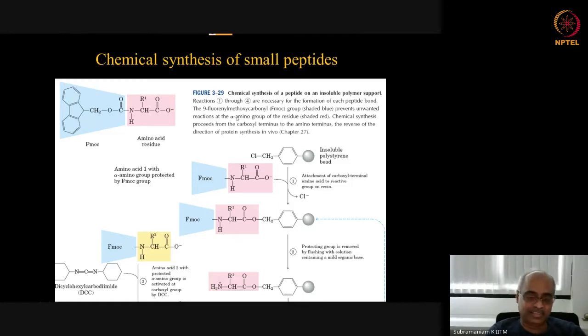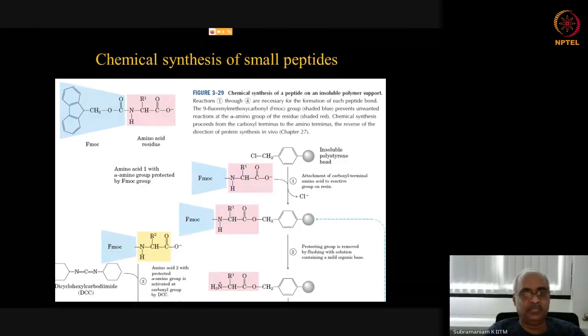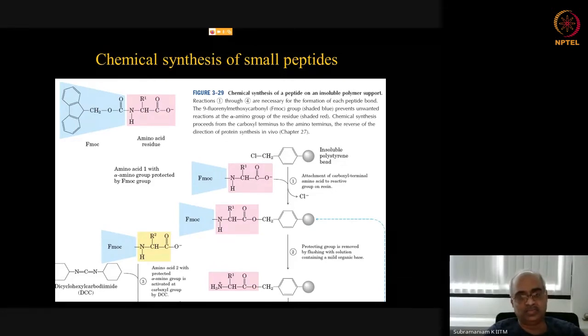In all these reactions, the main point is that the functional groups that are not supposed to react are all protected, by modification like methylation and so on. Then the functional group that must react is activated by attaching to a group where that bond is more labile and easy for reaction with the next one. These are the two main concepts we need to remember in this synthetic process.